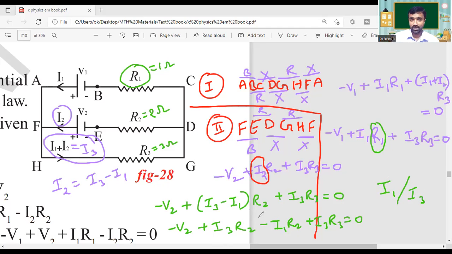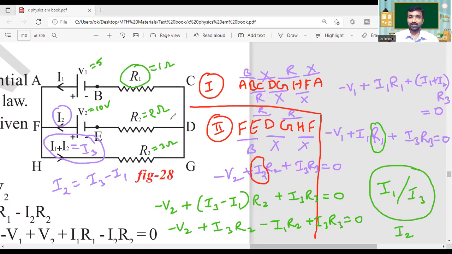So just take a screenshot here. Try to solve this by taking different values: V1 equal to, suppose, 5 volts, V2 equal to 10 volts, and R1, R2, R3 values are 1, 2, 3. Use the same information I have given on the screen and find I1, I3 values and also the I2 value.